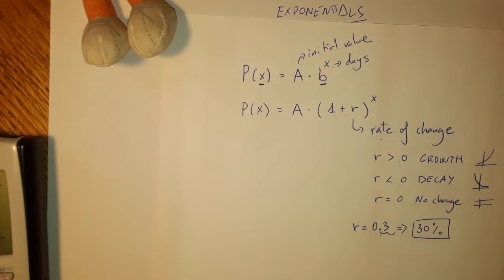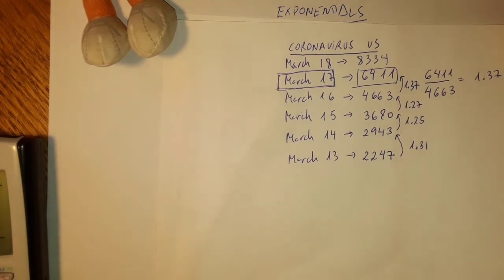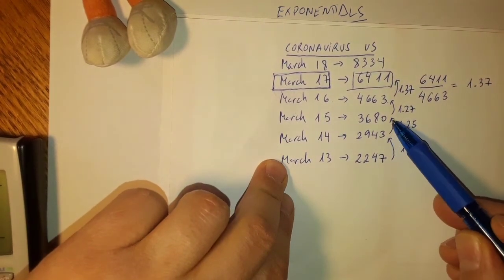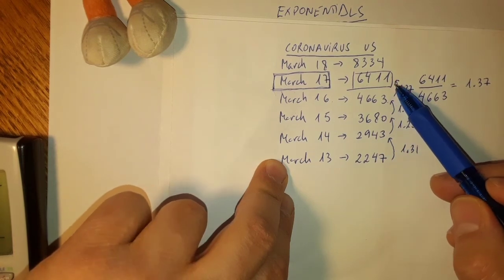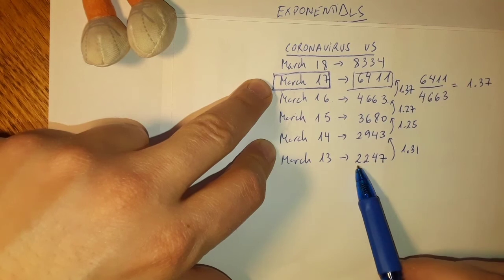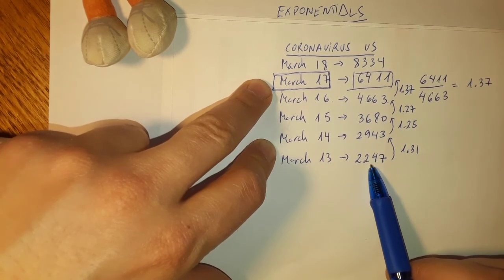That's really high, because that means that more or less, look at this. If we look at this, it takes 1, 2, 3, 4 days to double. Here we have 2,200 more or less. No, I'm sorry.